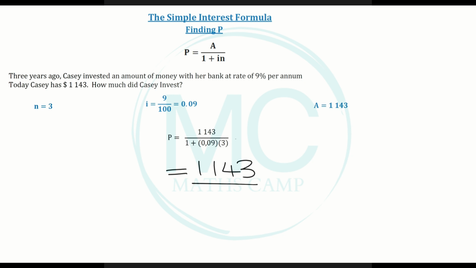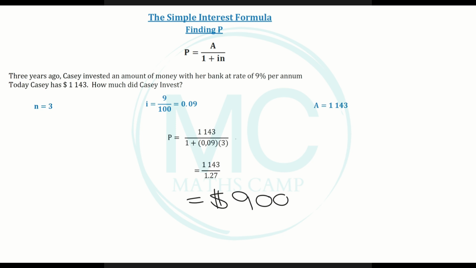In the denominator, let's start by multiplying 0,09 and 3, and we get 0,27. Let's add 1, and we get 1,27. Finally, to get P, we can say 1,143 divided by 1,27, and we get an answer of $900. This is the amount that Casey invested.